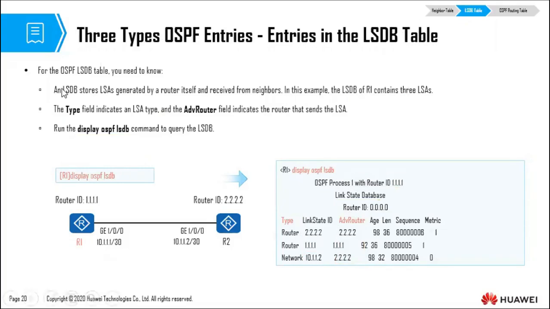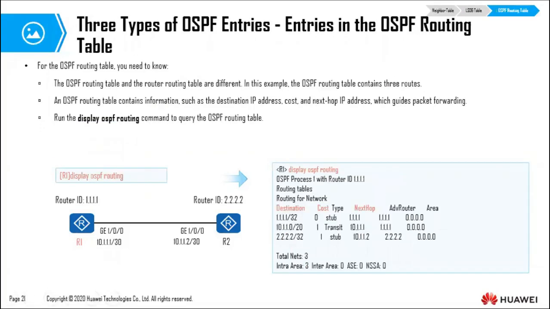So display OSPF LSDB, right? Then after that we have the OSPF routing table. The OSPF routing table and the router routing table are different. Very important. They are different.